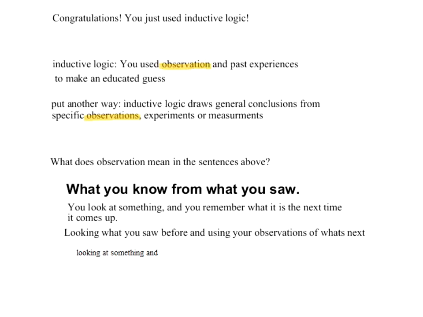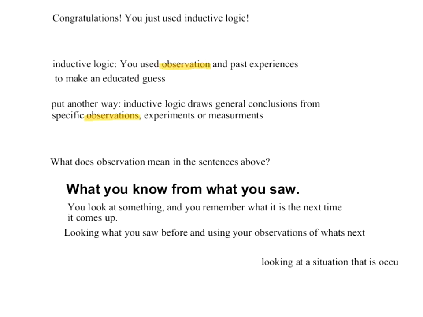Okay, so we've got what you know from what you saw. If you look at something, you remember what it is the next time it comes up. Looking at what you saw before. Okay, the idea of observation, meaning something you see, something you notice, something you look at. Oh, thank you, Michael.